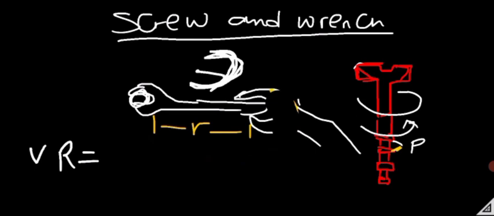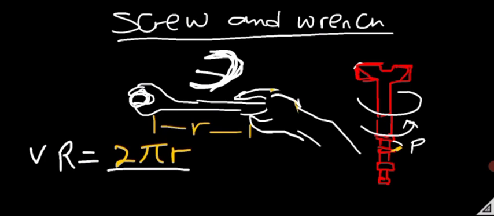Now in this case, we already have our arrow, so we just need to add what? 2 pi, true or false? So that will be 2 pi arrow, right? That is the distance moved by the effort, your effort.